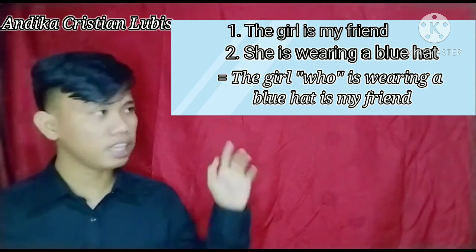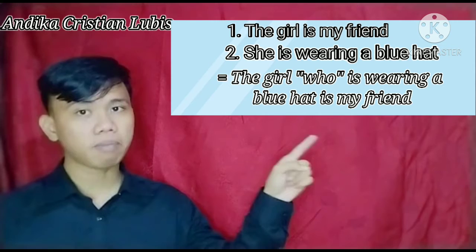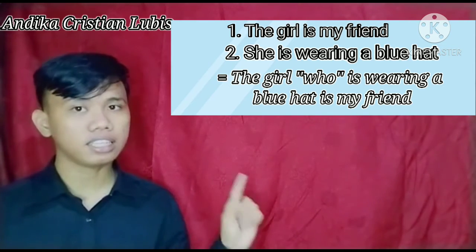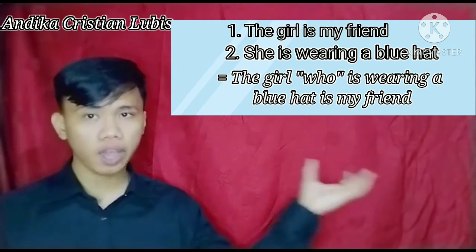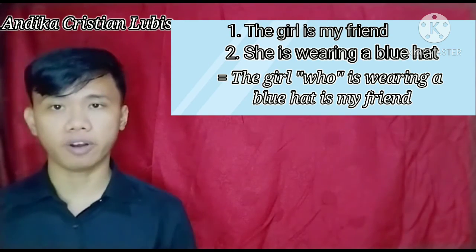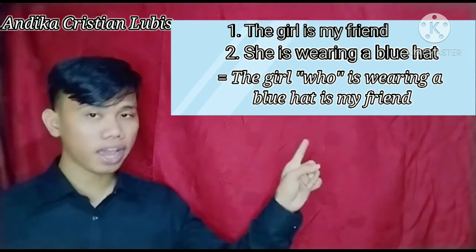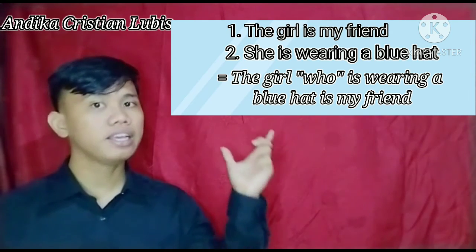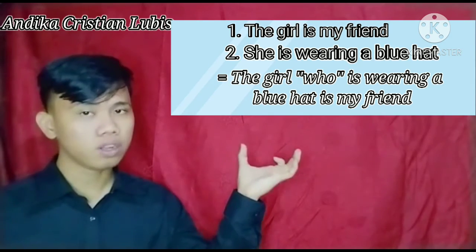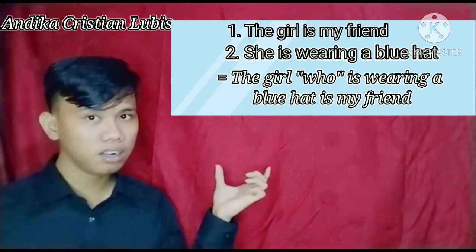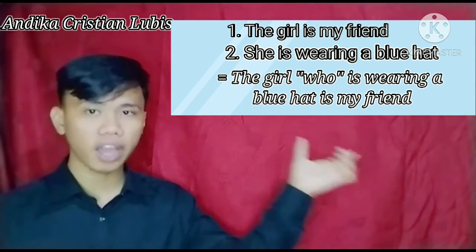The first sentence is the girl is my friend. The second sentence is she is wearing a blue hat. So we can make a relative pronoun: the girl who is wearing a blue hat is my friend. We underline who because who describes the girl.